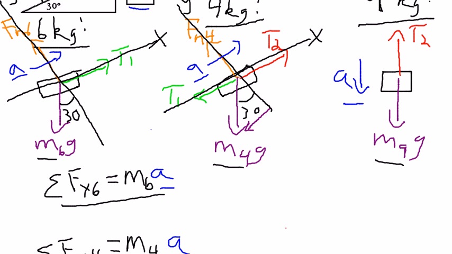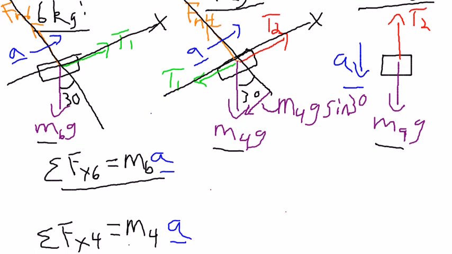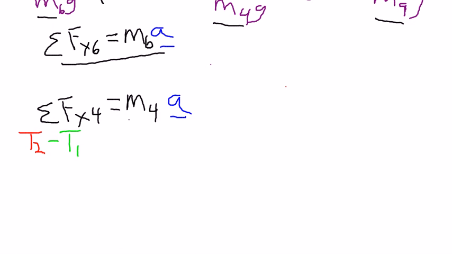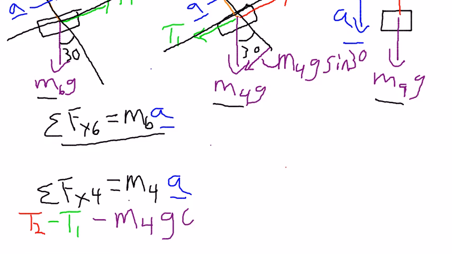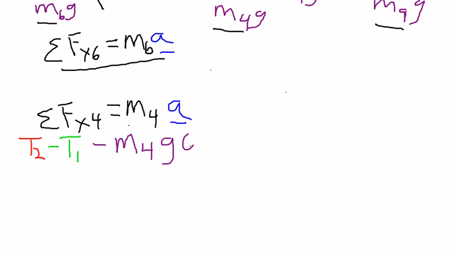That component should be equal to m4g multiplied by the sine of our angle, 30 degrees. So that too is in the negative x direction, so we're going to have minus m4, which is just 4 kilograms, multiplied by g, 9.8, multiplied by the sine of our angle, 30 degrees.